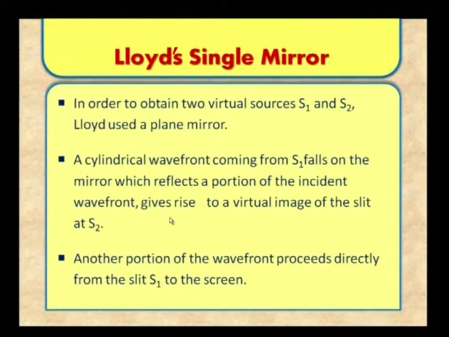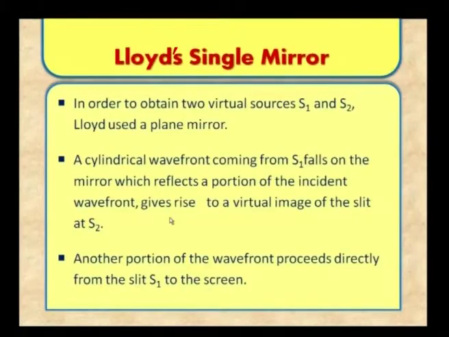Here again the aim is the same: the same thing can be obtained using Lloyd's single mirror. In order to obtain two virtual sources S1 and S2, Lloyd used a plane mirror. A cylindrical wavefront coming from S1 falls on the mirror, which reflects a portion of the incident wavefront and gives rise to a virtual image of the slit at S2.